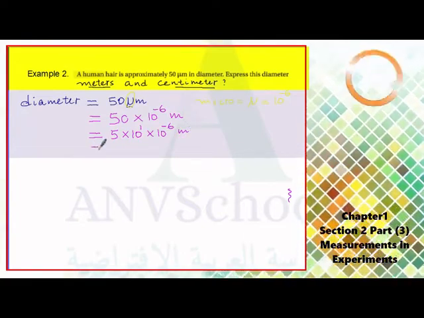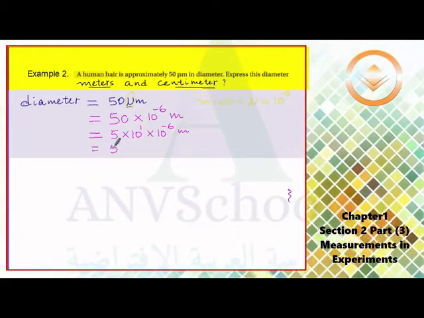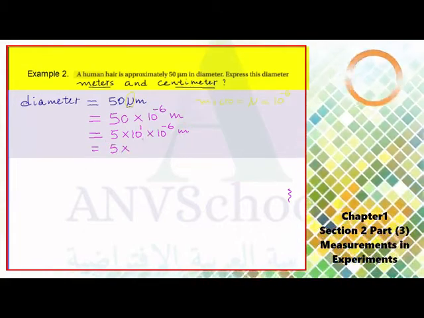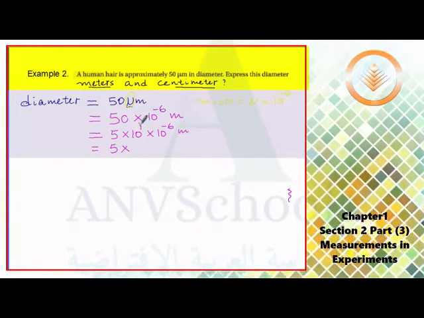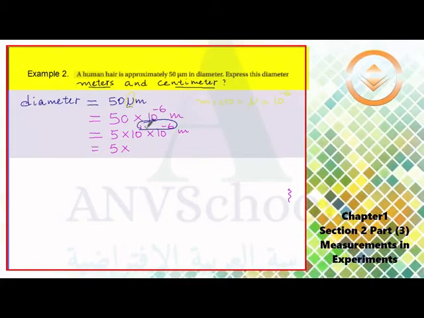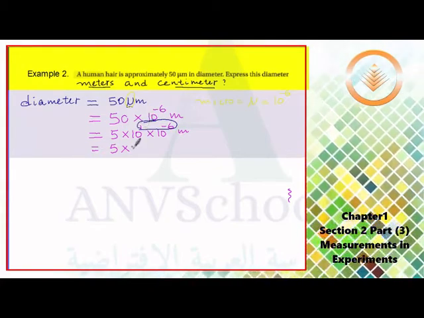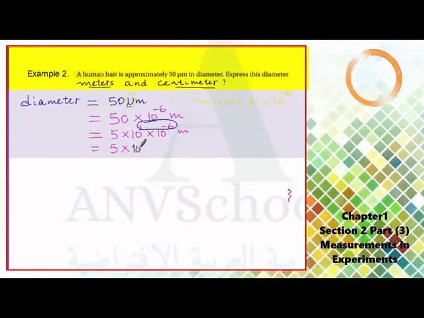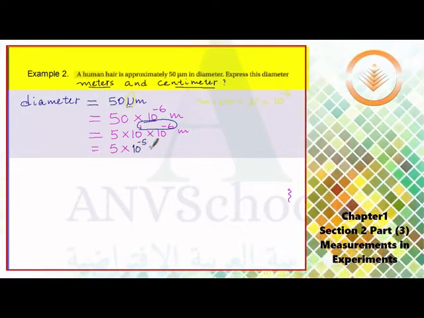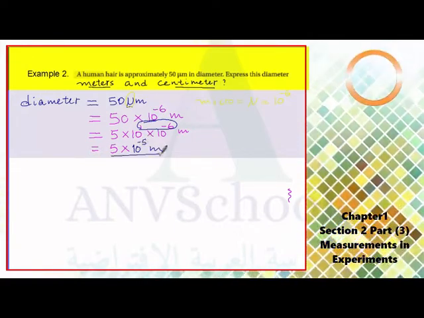They have the same base, so we will add the exponents. If two numbers have the same base, we add the exponents. That is 10 to the power of 1 minus 6, which is negative 5 meter. This is the first answer.